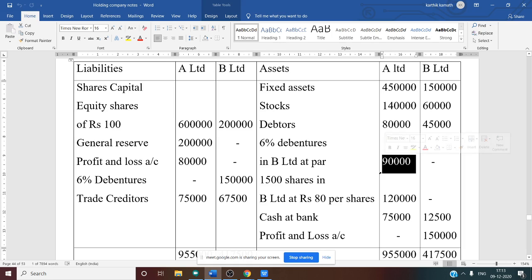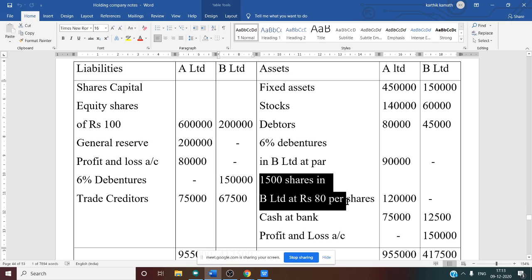That is, from the asset side, investment in the form of debenture in the subsidiary company, and in the liability side, whatever the debenture value, from that you have to deduct 90,000. Next, if you see, there are 1,500 shares in B Limited at 80 per share. This is the investment made by A Limited, that is the holding company, in the subsidiary company.